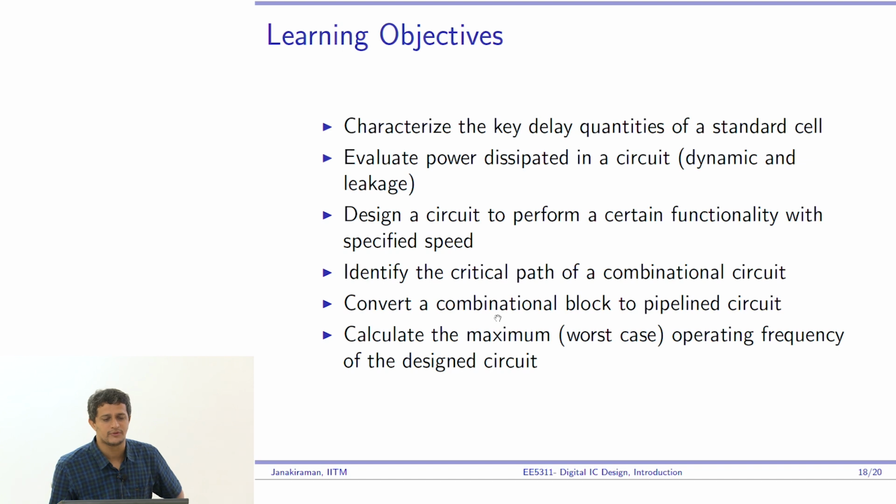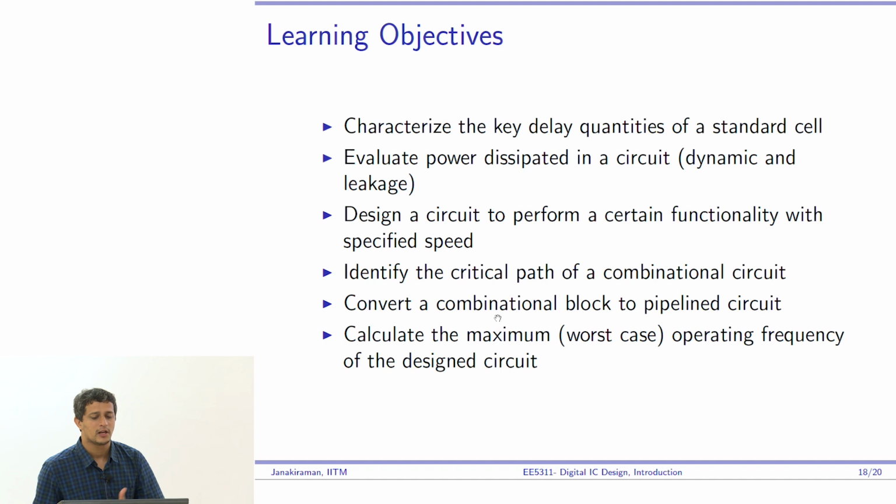These are the learning objectives. After you're done with this course, you should be able to characterize the key delay quantities of a standard cell. You should be able to evaluate the power dissipated in the circuit, both dynamic and leakage. That's the only thing I'll have time for with respect to power and energy: how to evaluate these numbers. Then design a circuit to perform a certain functionality with specified speed.